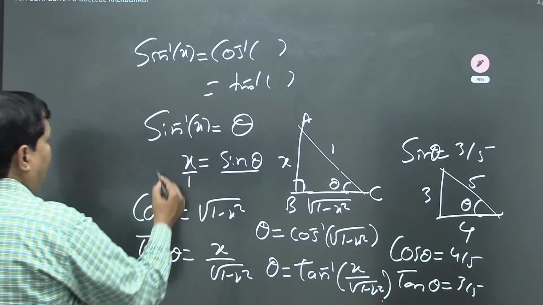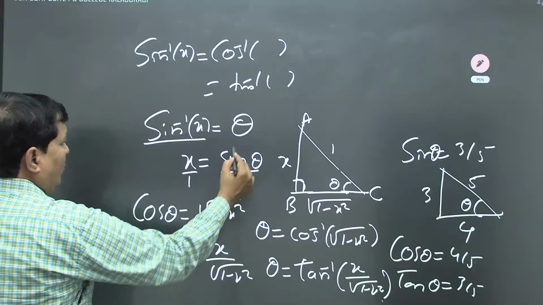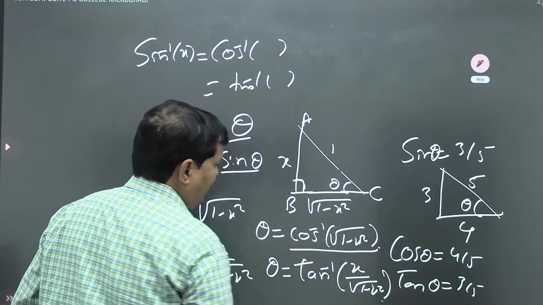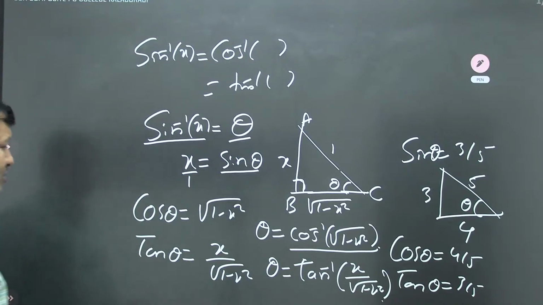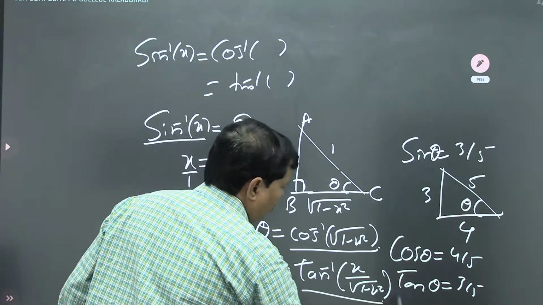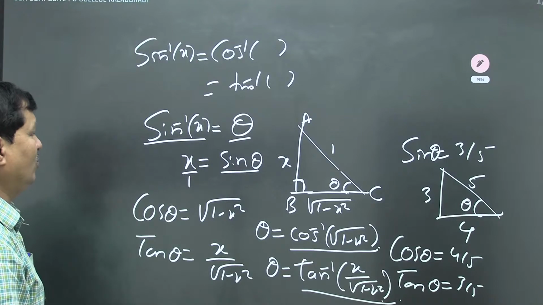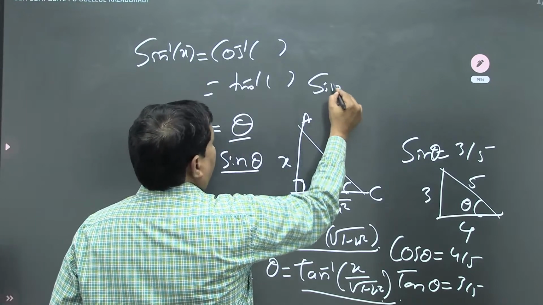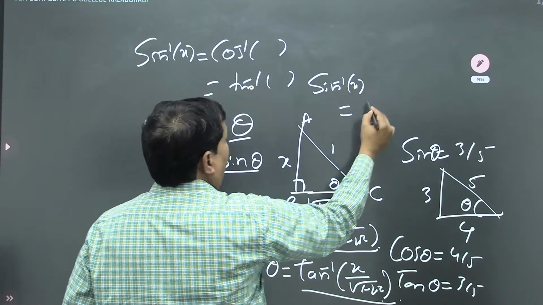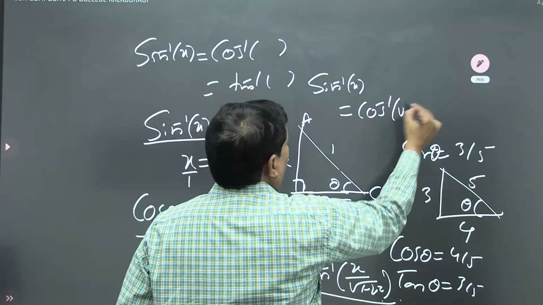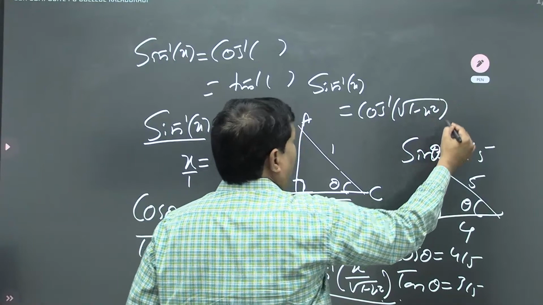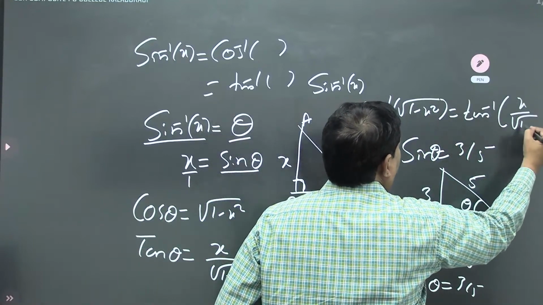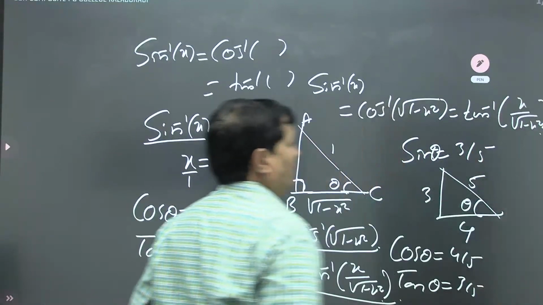See, here sin inverse of x equal to, here you took theta. Theta equal to what do you have in terms of x? Cos inverse of root of 1 minus x square or tan inverse of x by root of 1 minus x square. It means sin inverse of x can be written as cos inverse of root of 1 minus x square or tan inverse of x by root of 1 minus x square.